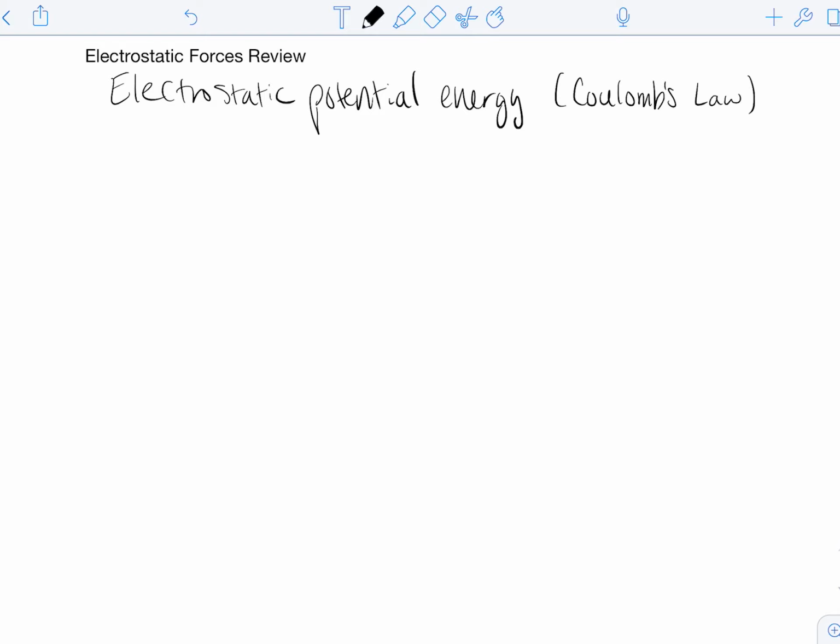So our electrostatic potential energy, we can determine it using Coulomb's law, or we can get an idea of it using Coulomb's law. So our electrostatic potential energy is the potential energy due to two charged particles being some distance apart from each other.